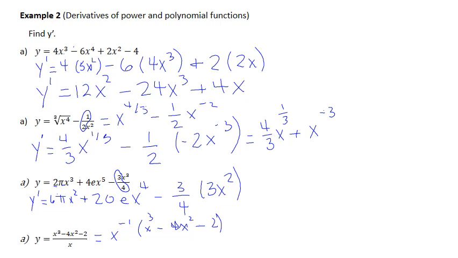I still can't do the problem because I still have multiplication there and I don't have a rule for multiplication. So I need to distribute that x. I need to actually multiply. So I'm remembering now when I multiply x to the -1 times x cubed, I'm going to add those exponents. So 3 plus -1 will give me x squared.